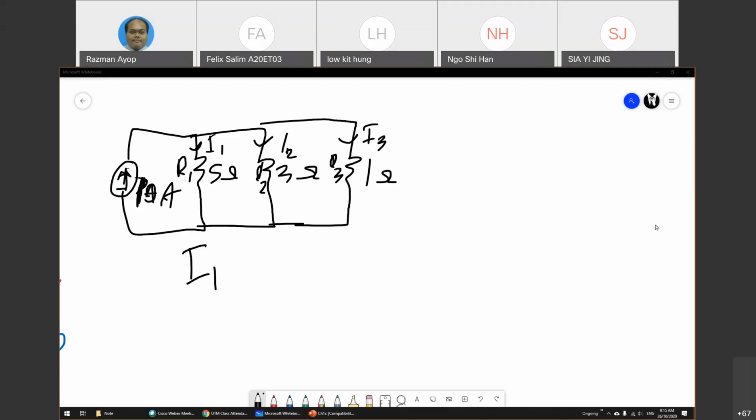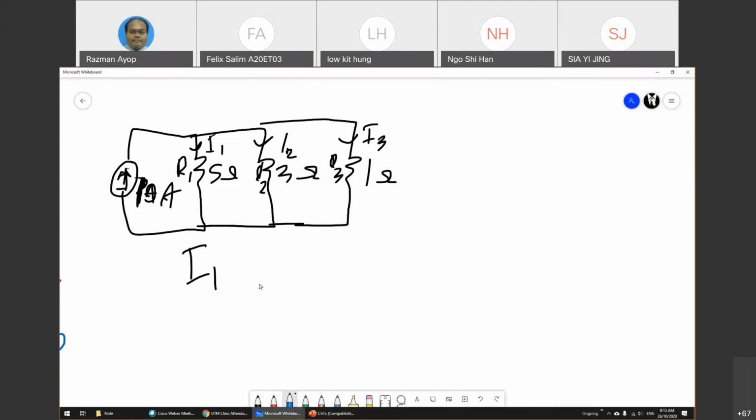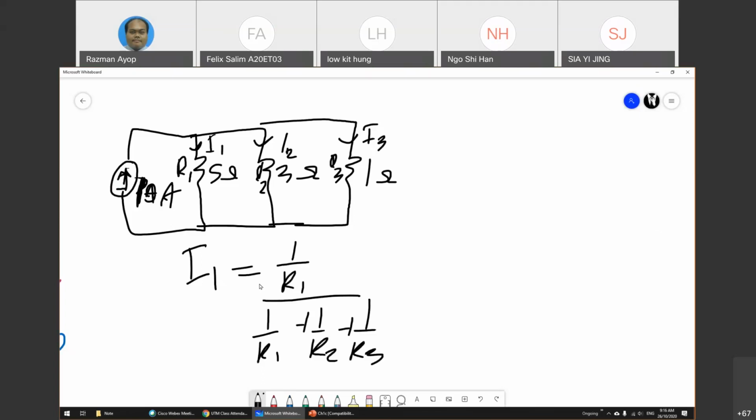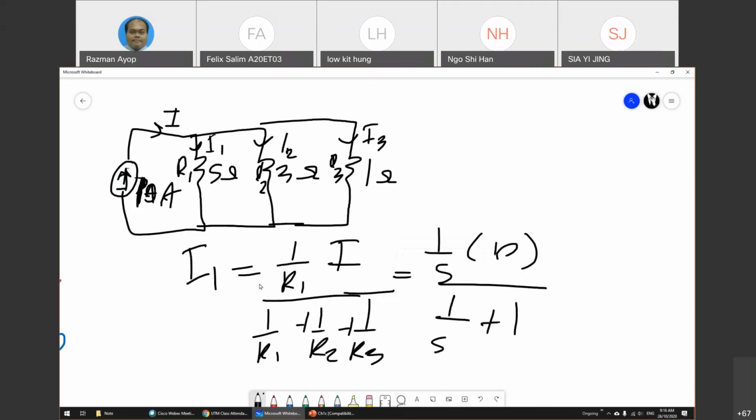For I1, I1 is equals to 1 over R1 over 1 over R1 plus 1 over R2 plus 1 over R3, then multiply by I. So 1 over 5 multiplied by 10 divided by 1 over 5 plus 1 over 3 plus 1 over 2, which is much easier to calculate.